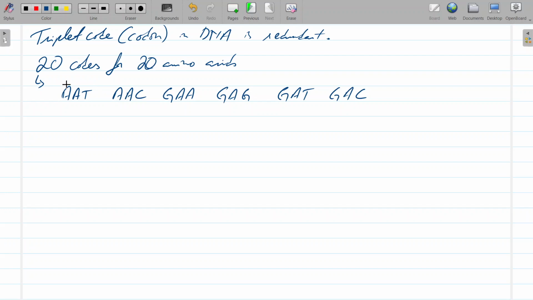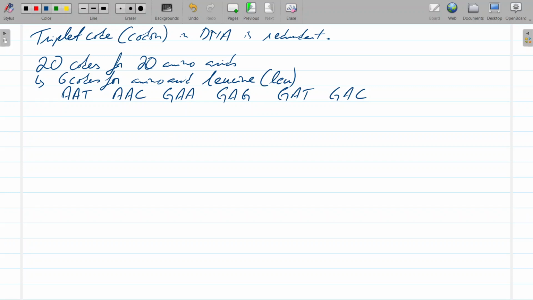And so there are 6 codes for the amino acid leucine, given by the short form of the first 3, leucine.